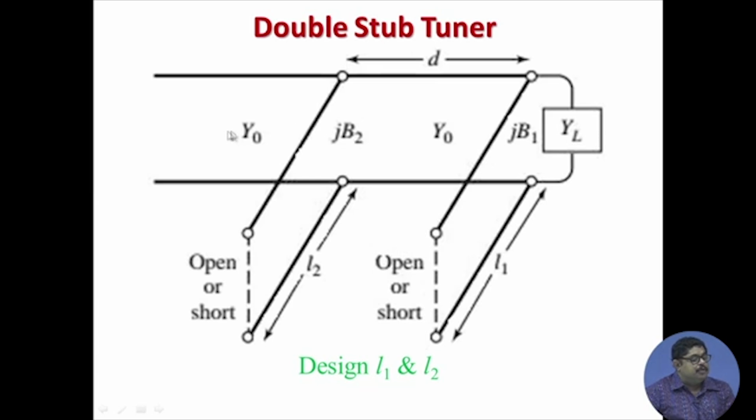Here we have taken shunt stubs, so instead of ZL, we can represent the load as YL. From YL, after adding this, I will get YL bar plus jB1 bar as the admittance here. Then I will have to move in a transmission line by a distance D and come here.